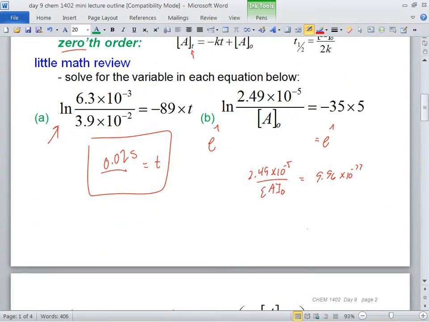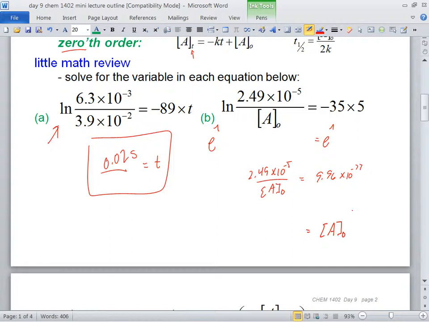Again, this would be nice to have in one step. Okay, now everyone's this far though, right? Let me just show you how I handle this kind of stuff. I've got this in the calculator, so what I'm going to do is this has to go on the bottom, A0 goes up on top. Does that make sense?